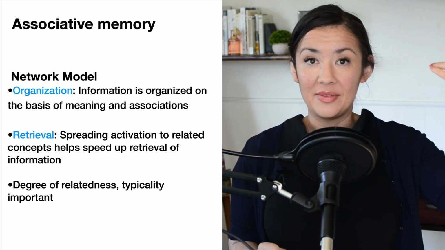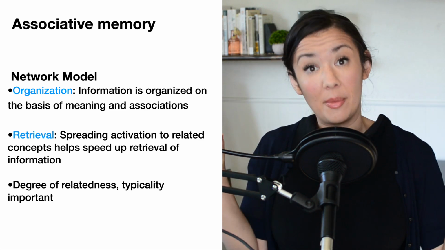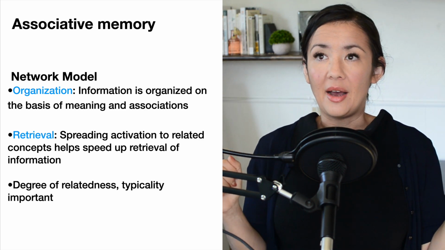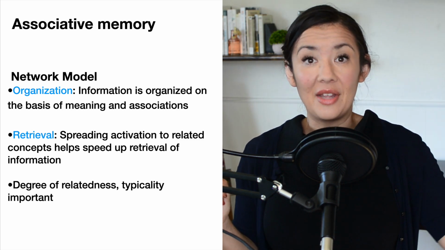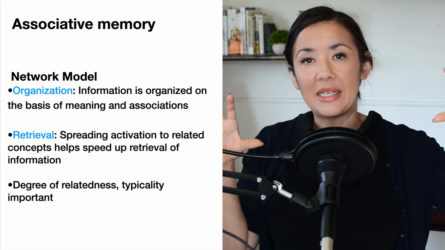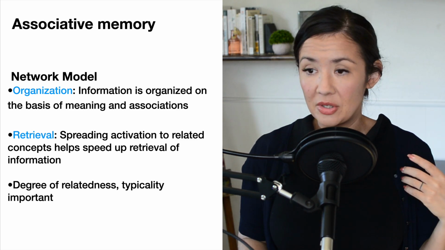Now, if we made a larger jump in connection, if I had you just think of any artist and then 3 songs, they're less related in your network system, so there's going to be less of association between that information.